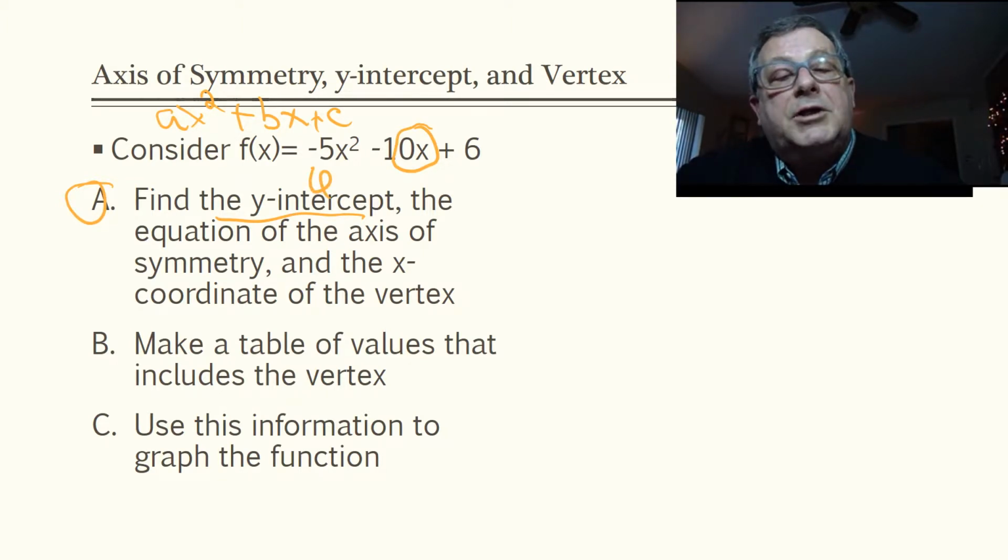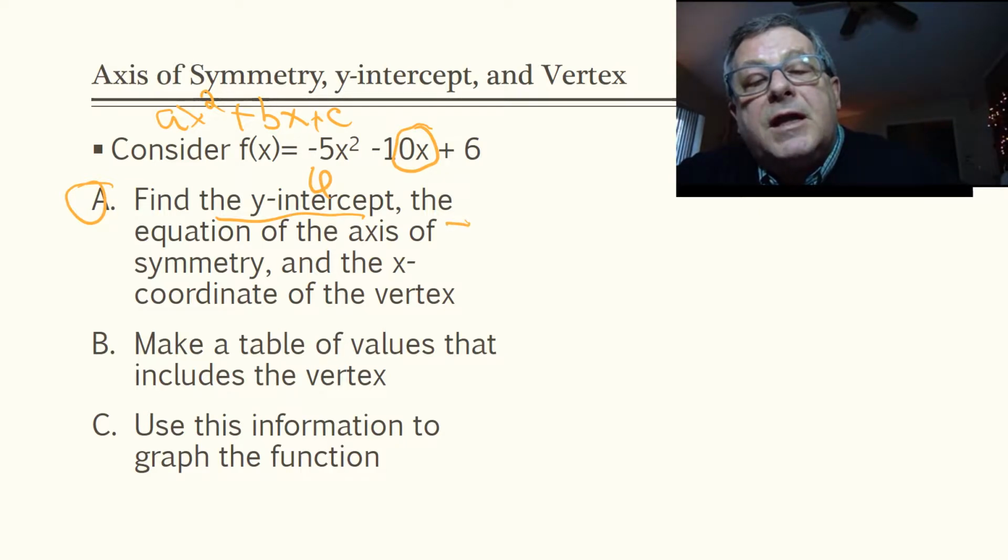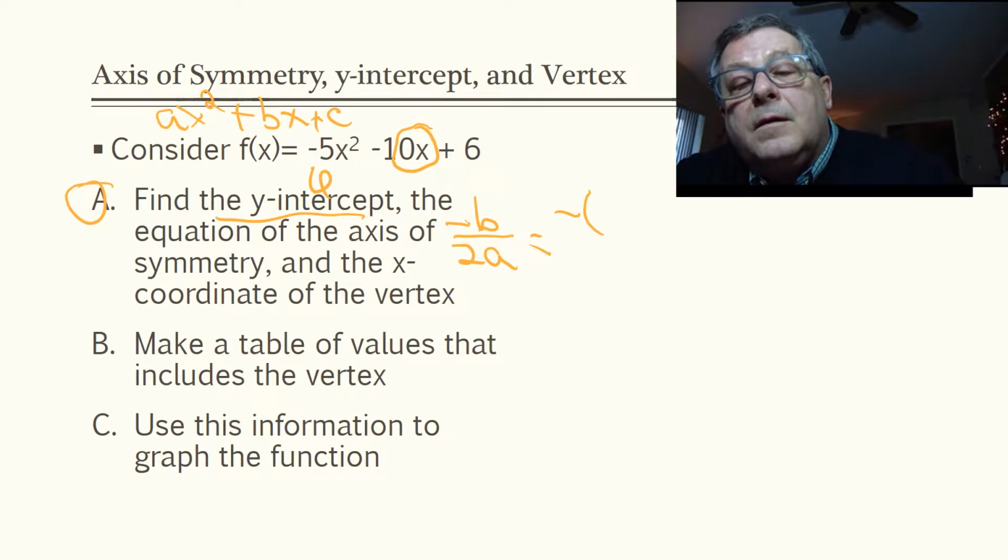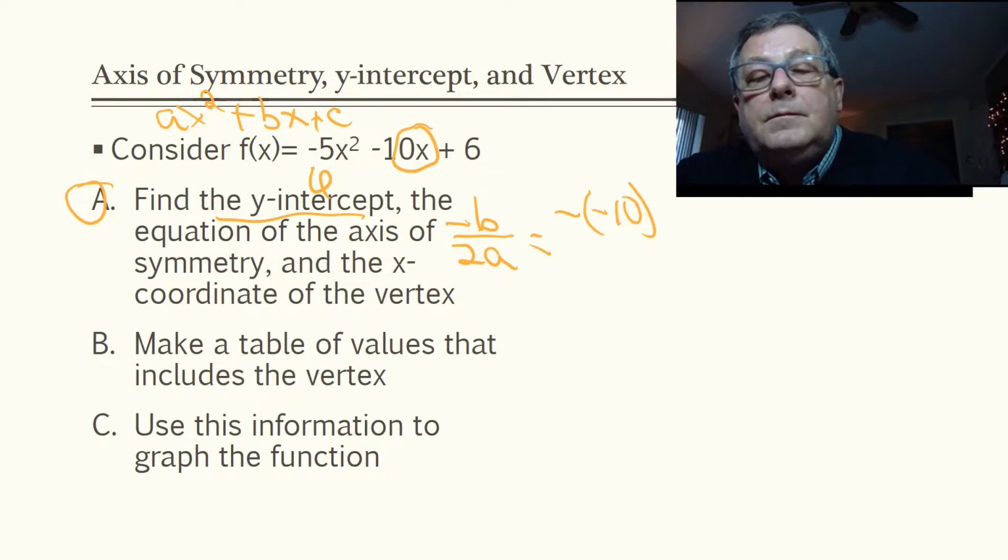Now, the equation of the axis of symmetry. The equation of the axis of symmetry is negative b over 2a. And in this function equation, I've got negative 10, being b, over 2 times negative 5.